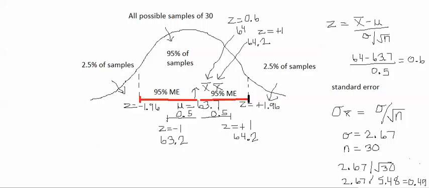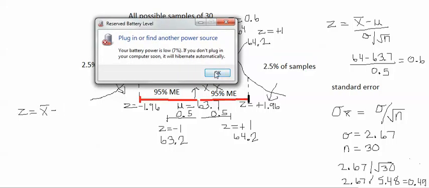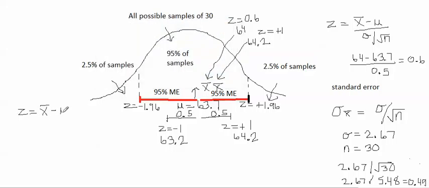The z-score is this formula right here. Now, we know that the z-score at the boundary up here is 1.96.